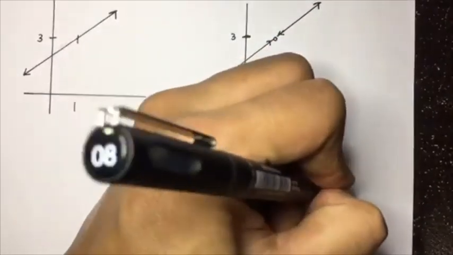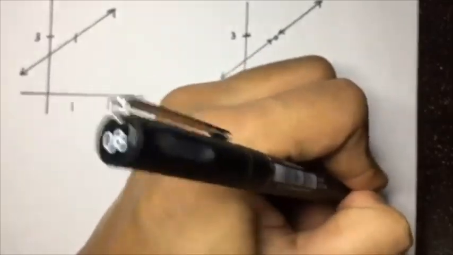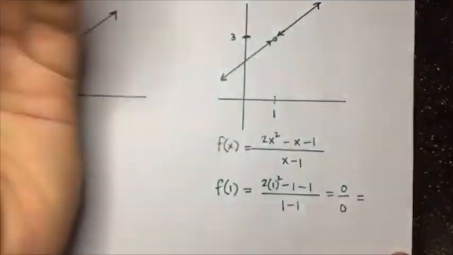This becomes 0 over 0, so this is indeterminate.